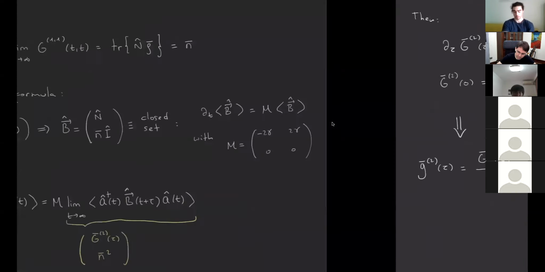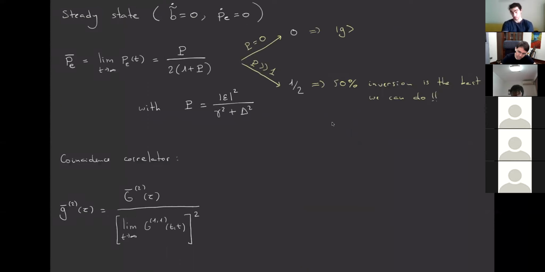Then on the other hand, the G11 is nothing but this thing in here. So this thing in here is the G11 of T, T, okay?